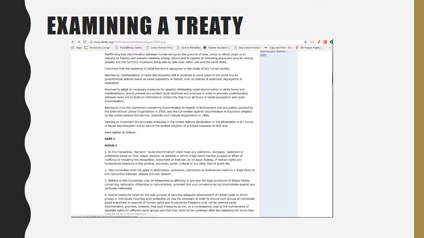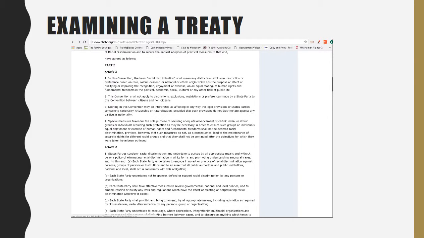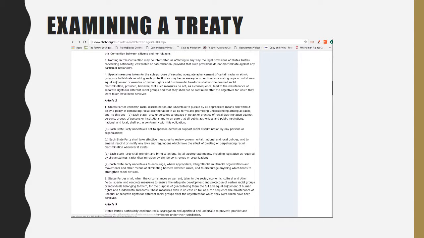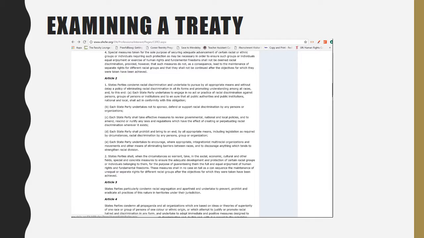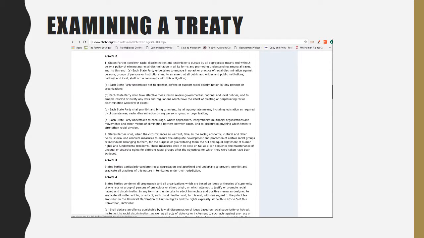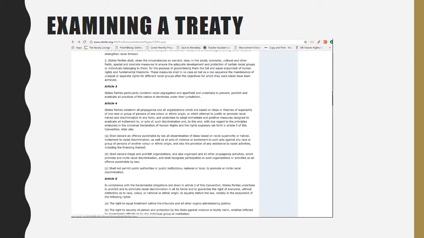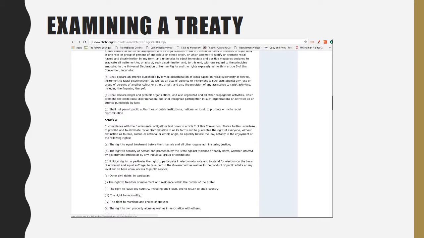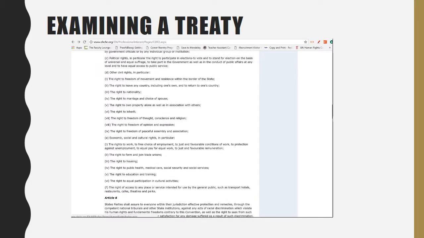And then after that, I come to Part 1. Part 1 seems to have definitions, for example, in Article 1. But then it seems to also explain what the state parties to the convention are undertaking when they agree to this. So this looks like the operative part of this particular treaty.